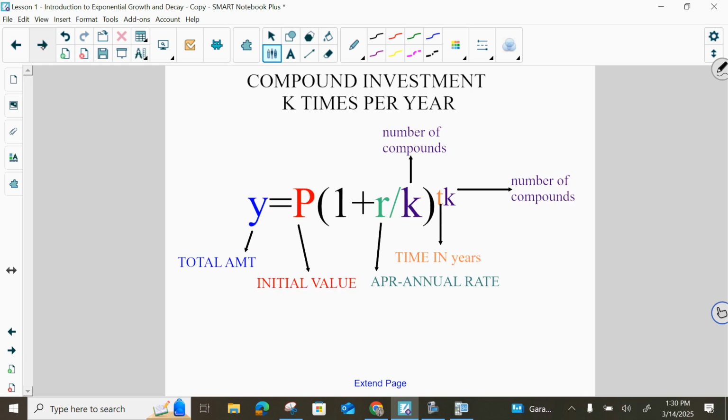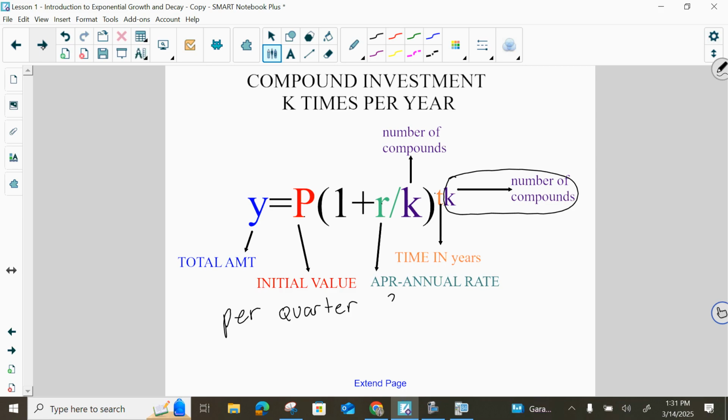So we're going to have a slightly different formula. Y, P, R, T are all the same. But we're going to have this new K there. Usually savings accounts compound interest per quarter. So how many months do you think it is if it says per quarter? Three months, right?